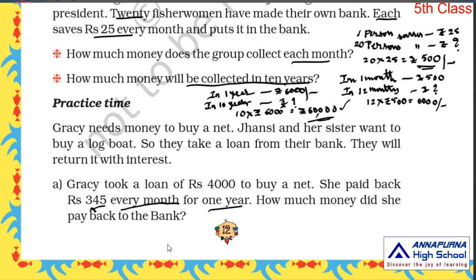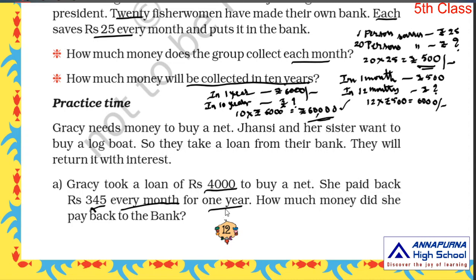First, what is the loan amount? 4,000 rupees. I will explain, but you do it on your own. The loan amount is 4,000 rupees, and each month she pays back 345 rupees. In 1 year there are 12 months. So 1 month is 345 rupees.